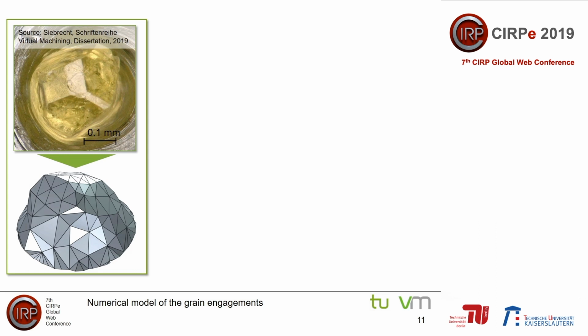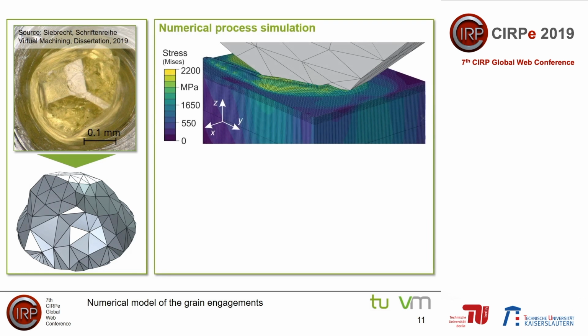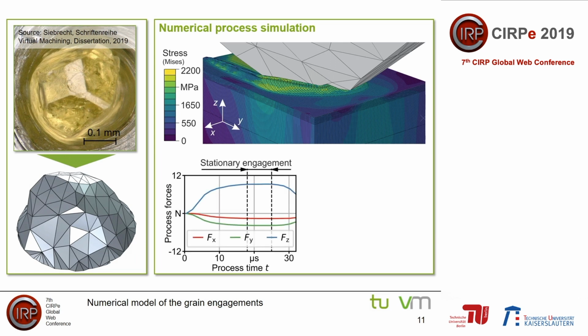The grain used in the experiments was previously digitalized using confocal white light microscopy, and a mesh was generated as a result. In order to determine the correspondence between the undeformed chip area and the process forces, both were analyzed as soon as a stationary engagement was reached.